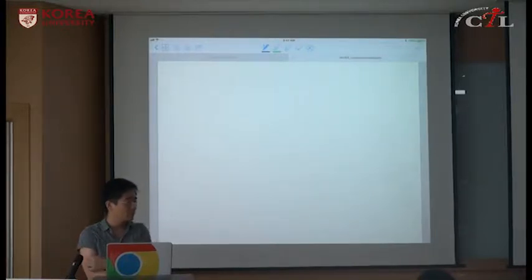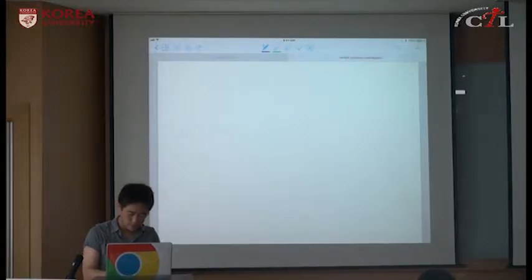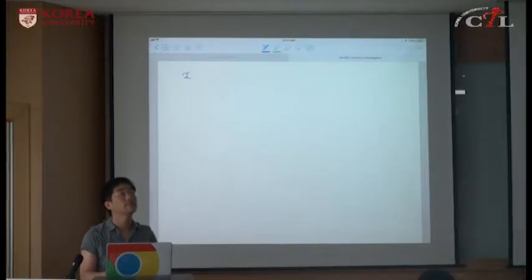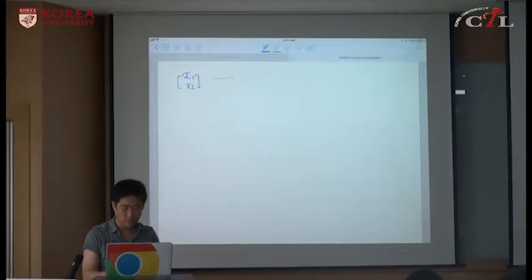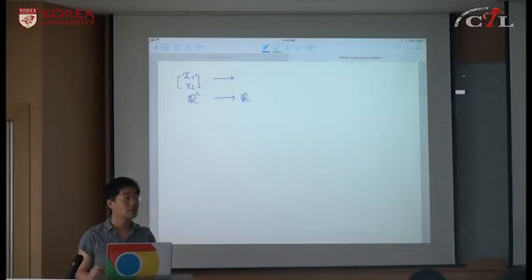I'd like to give you some function, a vector function. So for example, let's think of a function that maps a vector into some scalar. Let's talk about this function that has the domain R2 and the codomain R. A two-dimensional vector is mapped into a one-dimensional scalar value, right?